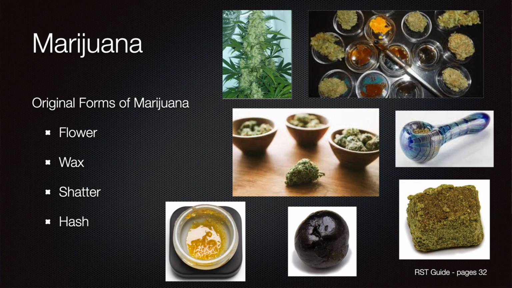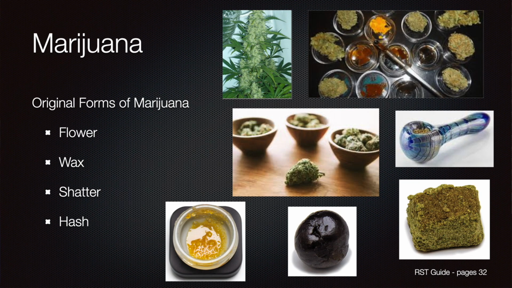Now on page number 32 in your student guide, I've got a lot of pictures of the product and a lot of information. So typical forms of marijuana: the original formula of marijuana is going to be the flower. Could also be the wax, shatter. Wax and shatter are kind of a stronger version of the THC.